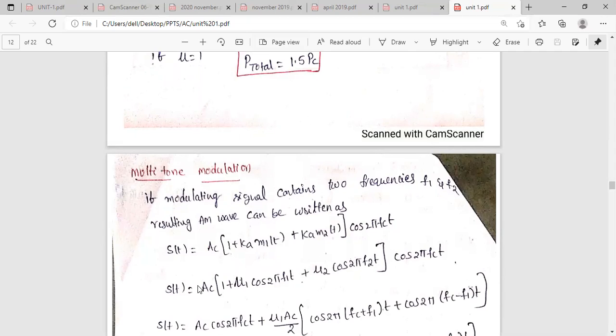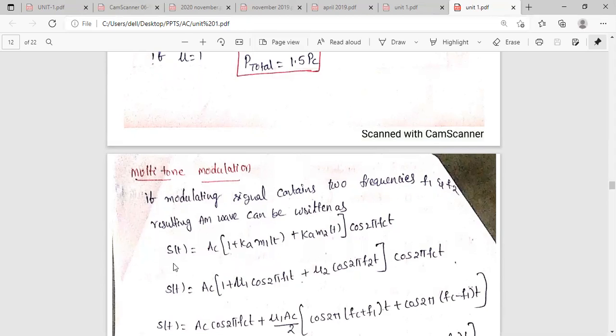Okay, and what is multi-tone modulation? Multi-tone is nothing but if the modulating signal contains multiple frequency components, more than one frequency component, then it is called multi-tone amplitude modulation. Here we are assuming the modulating signal consists of two frequency components.